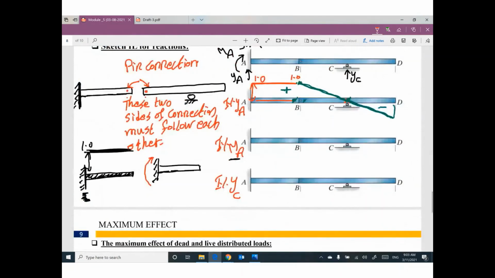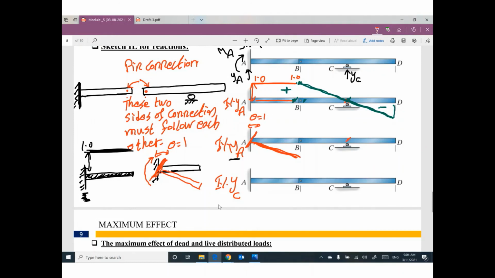So I will rotate this fixed by theta equal 1. The new shape of this part will be like this. So I think the new shape will be like this. Why? Because I rotated this fixed by theta equal 1.